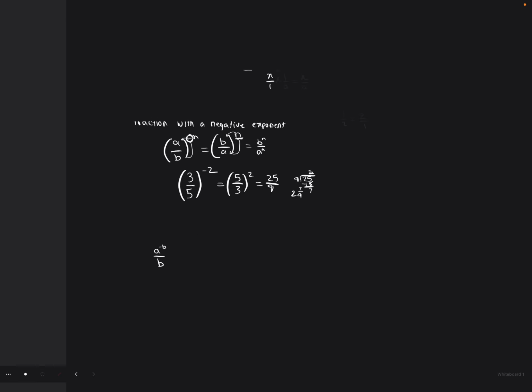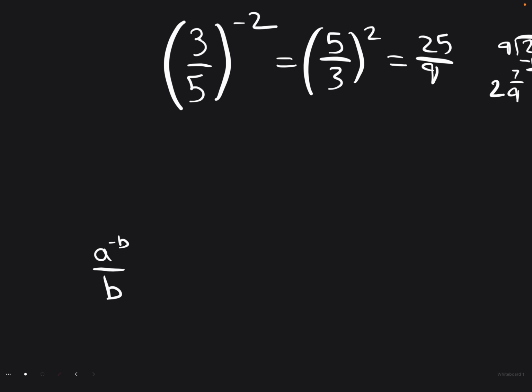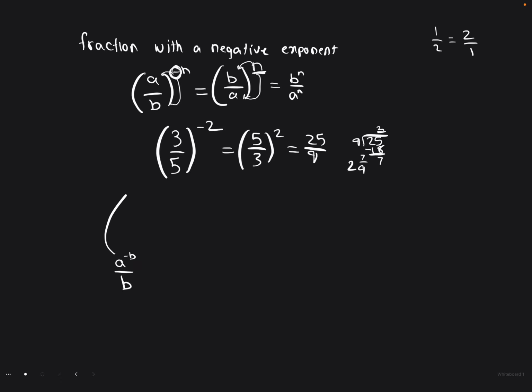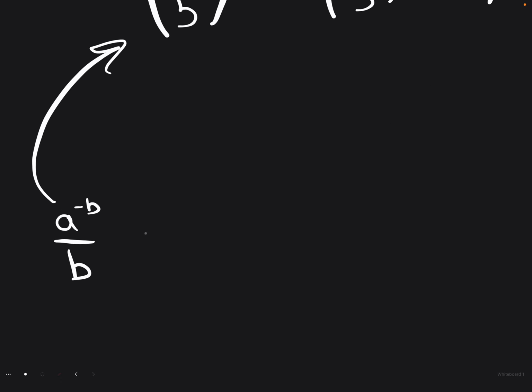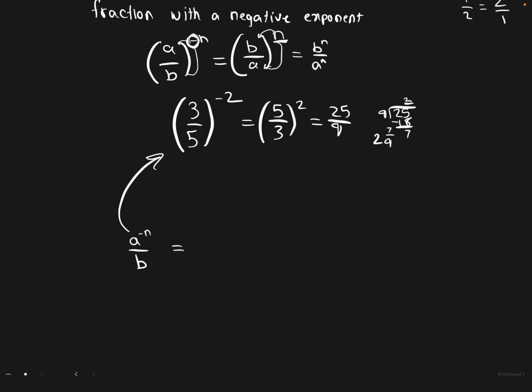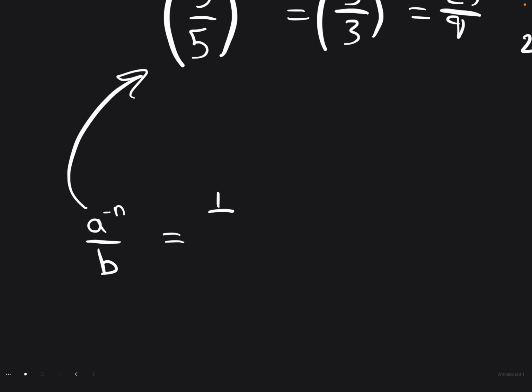This is a really common mistake in these types of questions. Some people try solving it like this, which is wrong. How you want to solve it is, I'll take a letter exponent here, n. You go 1/a raised to n over b.